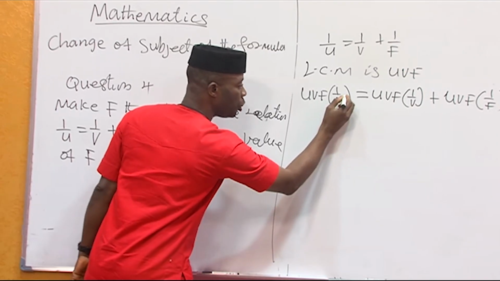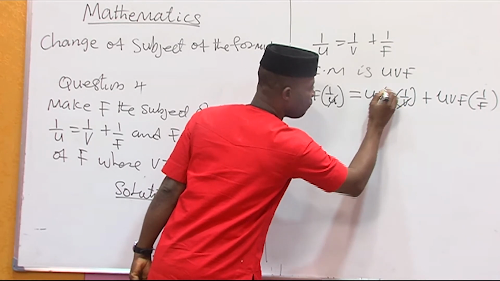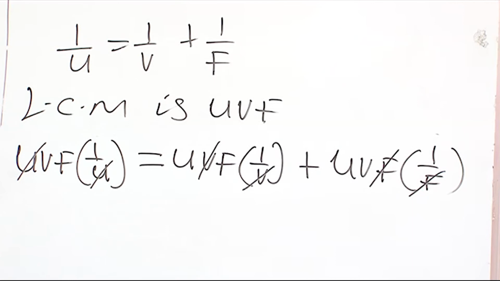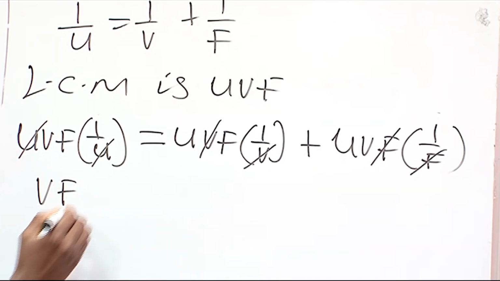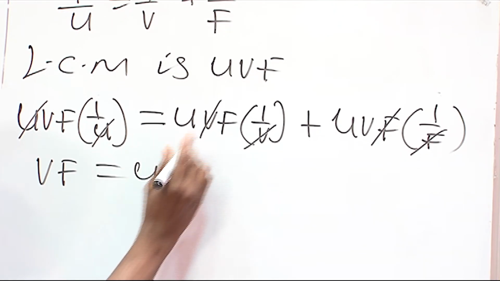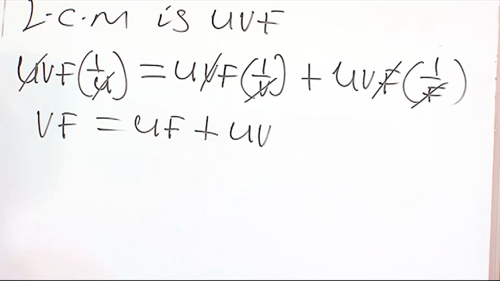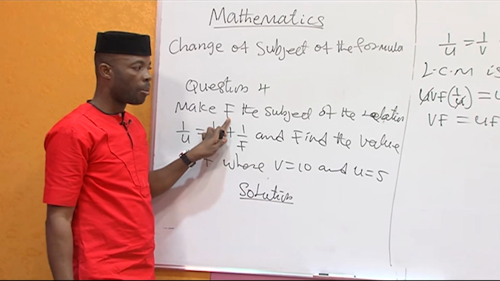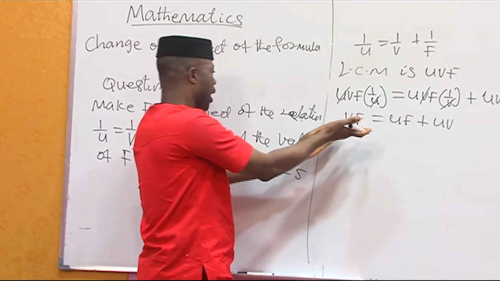Now, U will cancel U, V will cancel V, F cancels F. So what I have is VF equals to UF plus UV. We are making F the subject of the formula. So let's collect like terms.